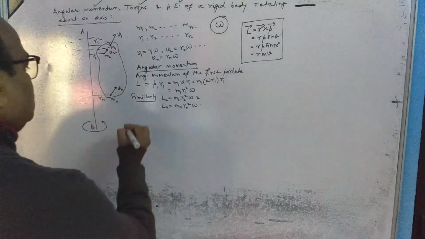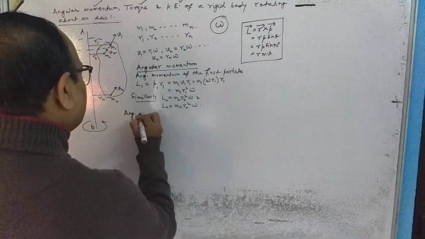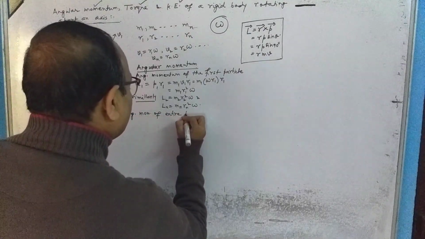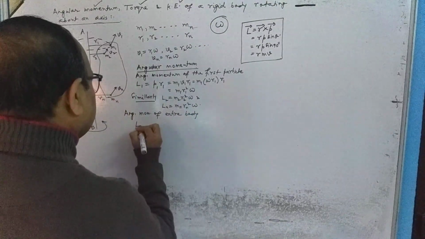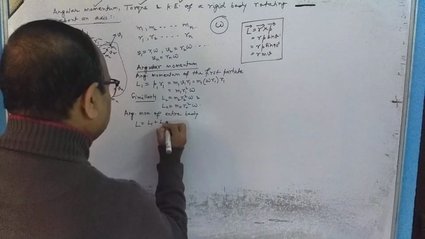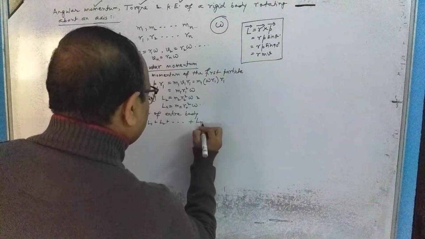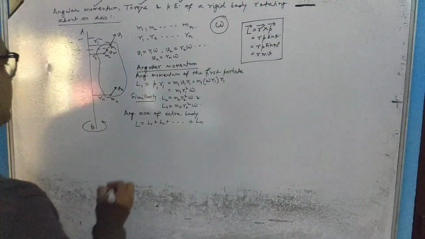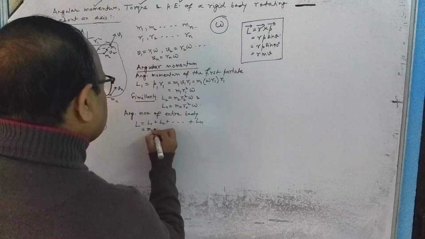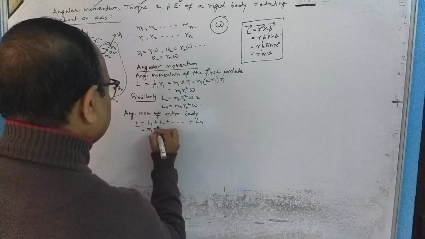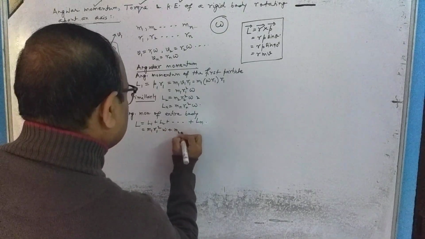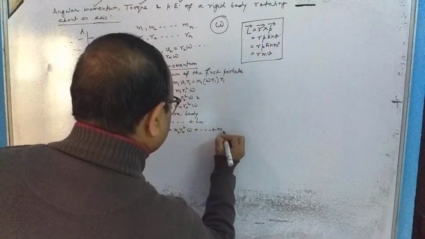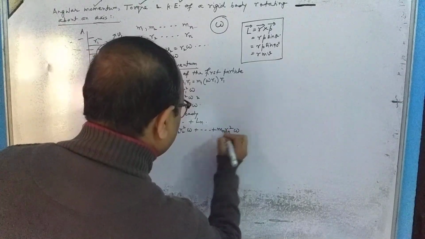Okay, so what is the angular momentum of the entire body? That is L1 plus L2 and so on up to Ln. All will be summed up. How much will it be? It will be m1 r1 square omega plus m2 r2 square omega and so on up to mn rn square omega.